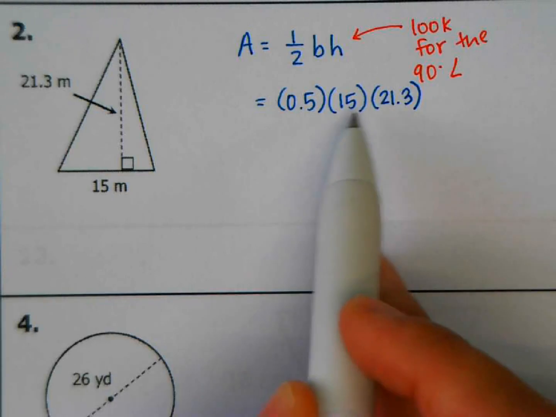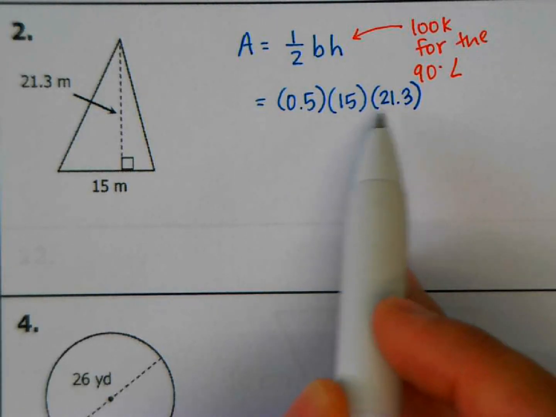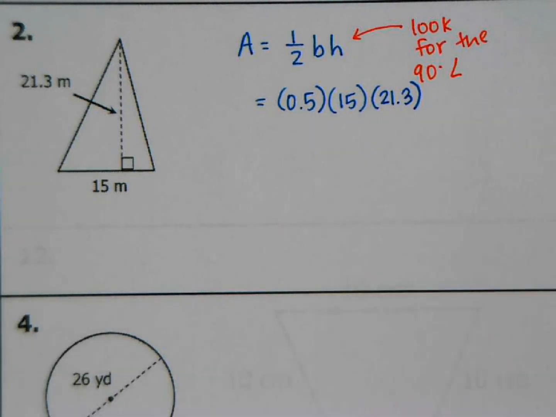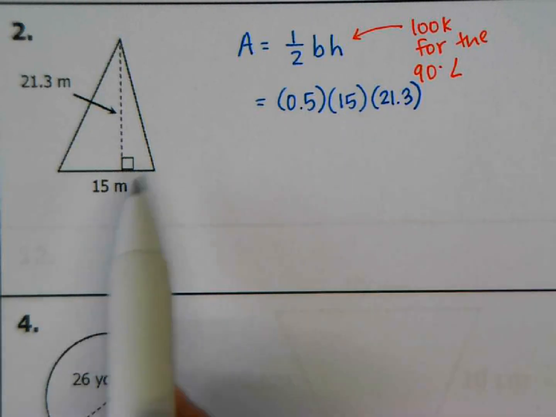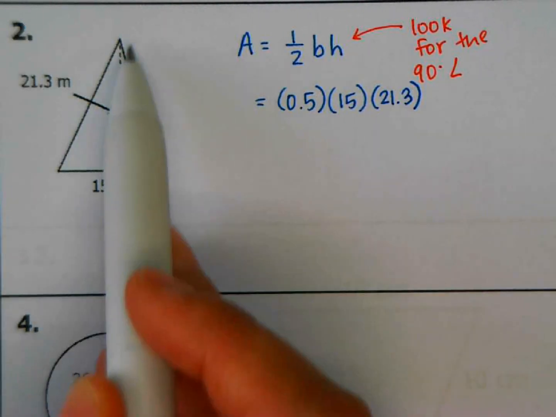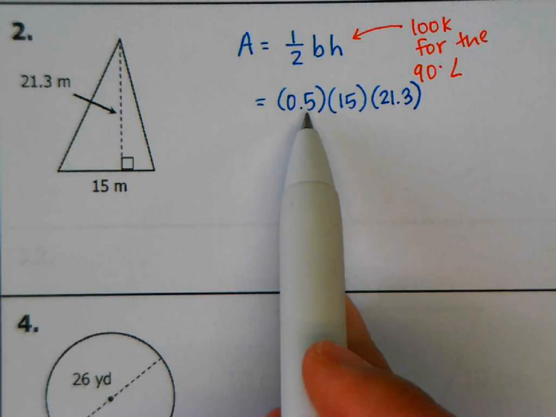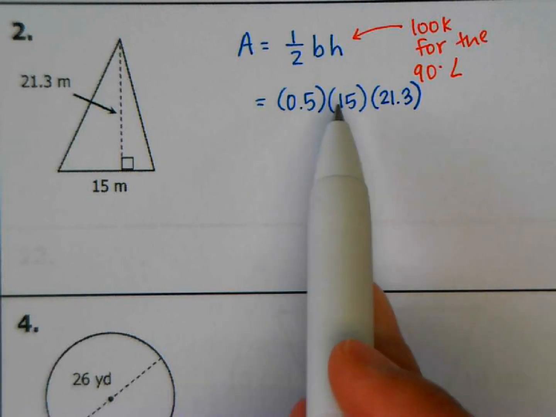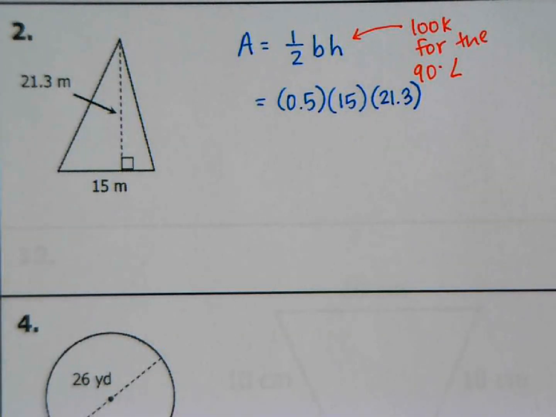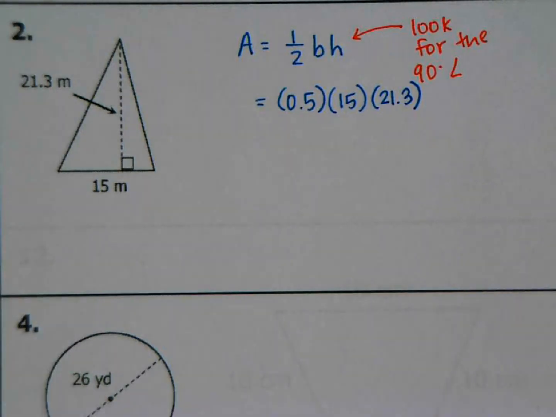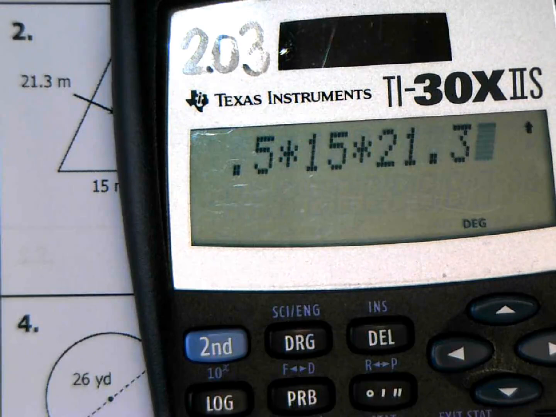1/2 base times height. It honestly doesn't really matter if you mix these up by accident. It doesn't make a difference. But height is always attached to a 90-degree angle. So you're just going to type that into your calculator: 0.5 times 15 times 21.3.